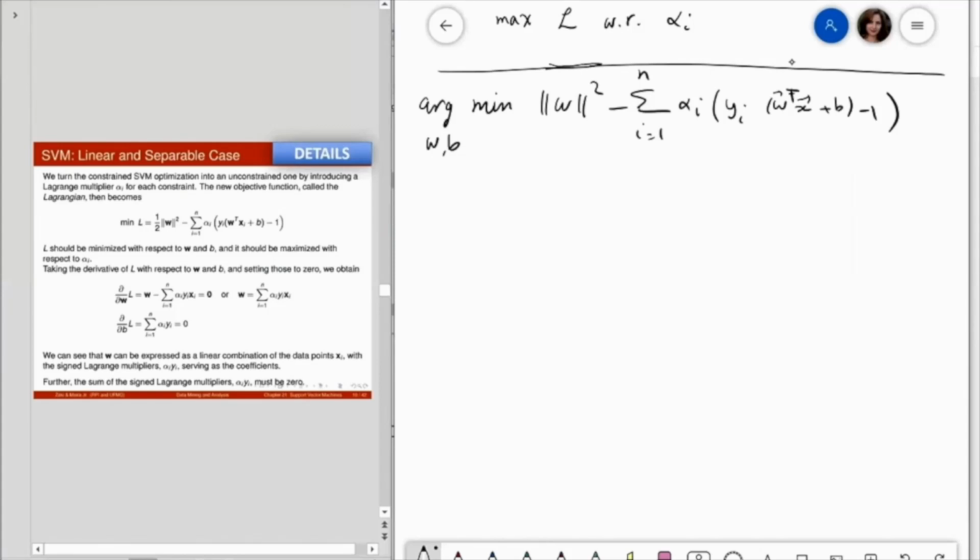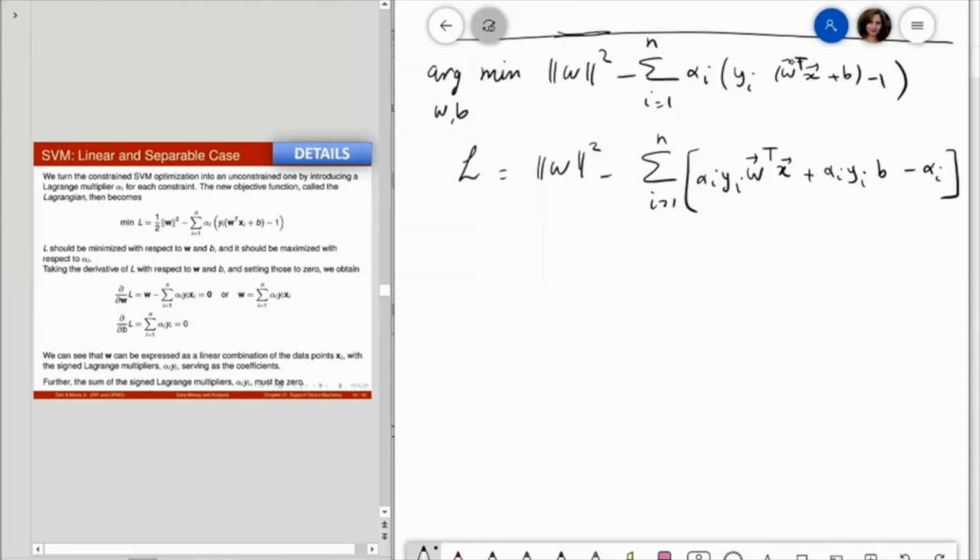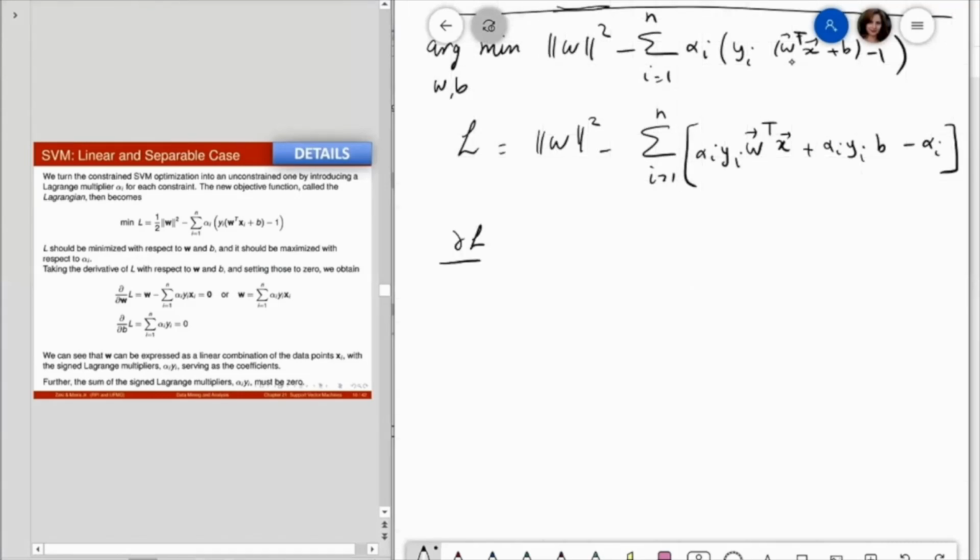So our L, which was this, is w squared minus sigma i equals 1 to n alpha i yi w transpose x plus alpha i yi b minus alpha i. If I take the derivative of L with respect to vector w, this is a vector derivative, w squared is going to be equivalent to 2w.